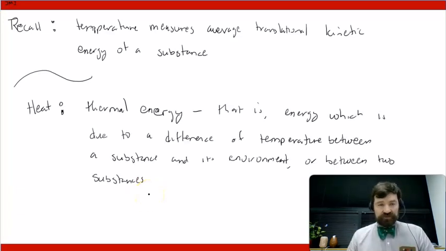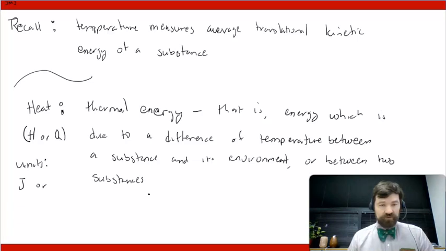We can represent heat using either an H or a capital Q. The units for it are, for MKS, the joule, just like any other energy, or the calorie, C-A-L. For what it's worth, one calorie is approximately 4.184 joules.